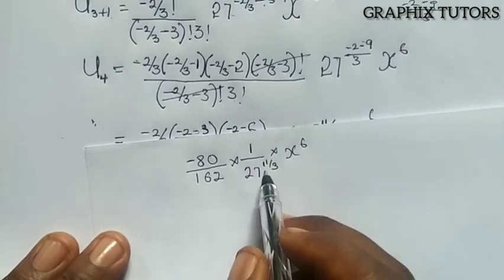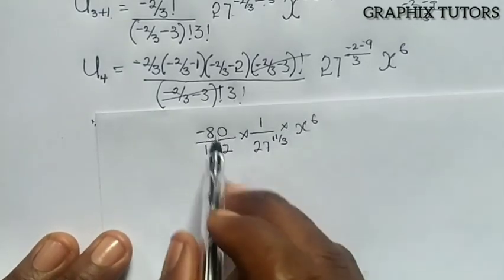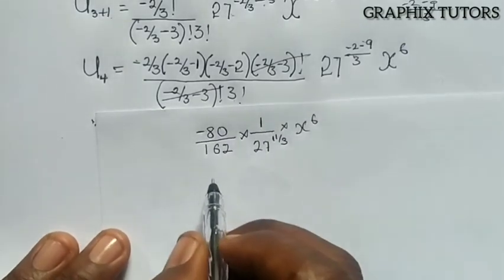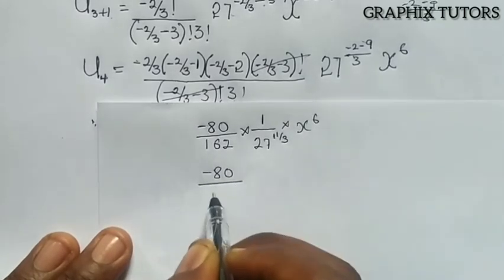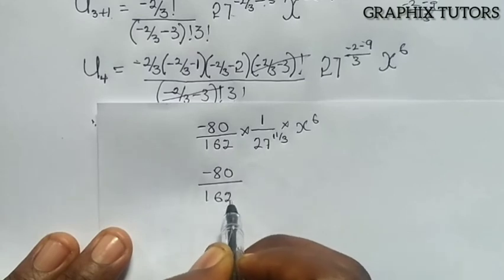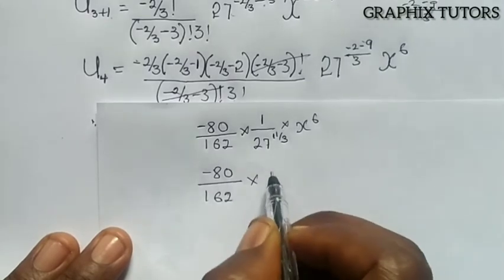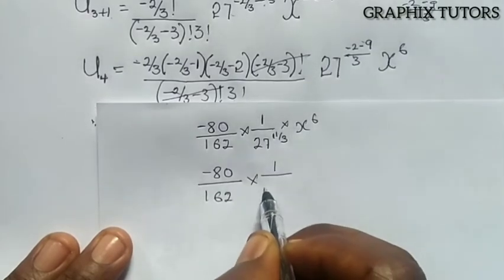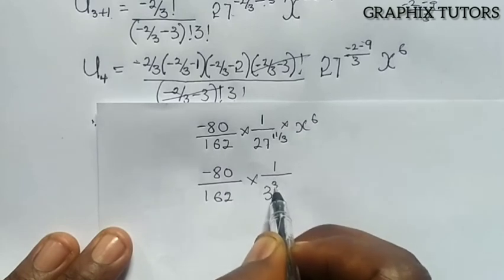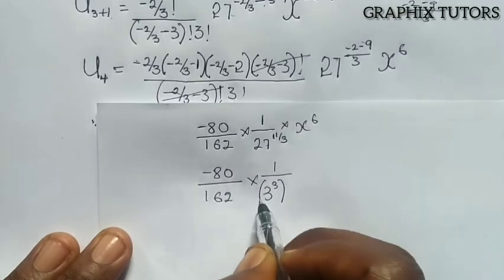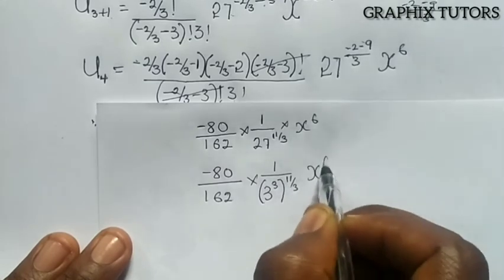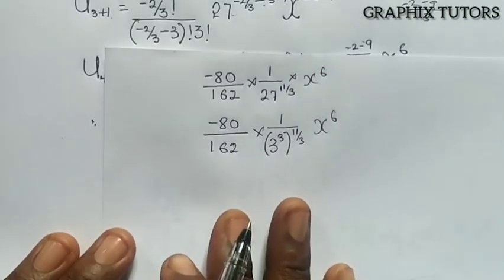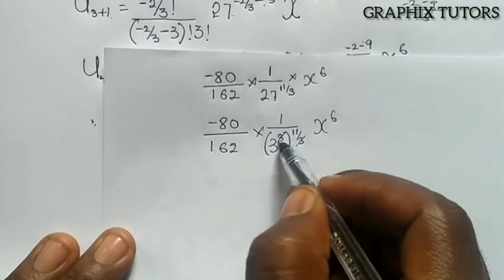Now from here, this means minus 80 all over 162 multiplied by 1 all over 3 cubed, which is 27, close the bracket, and we have 11 over 3, and we have x6. Now this 3 will equate this 3.